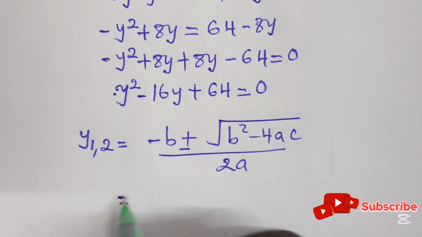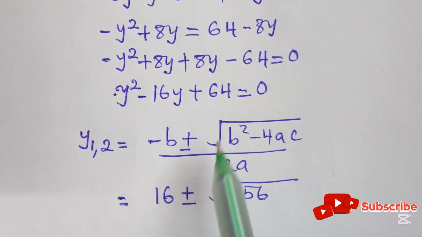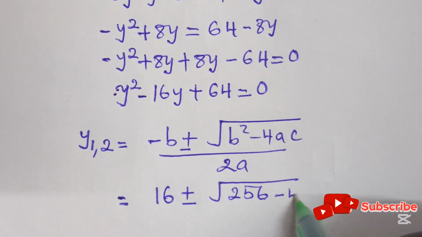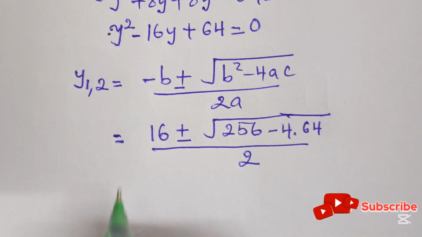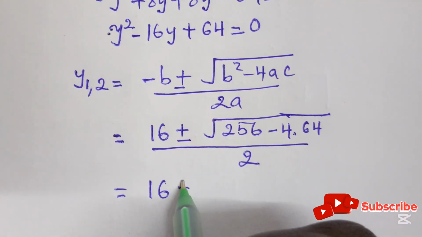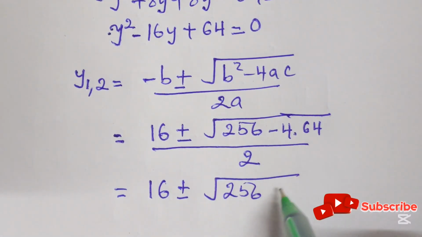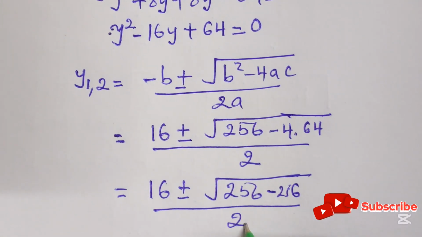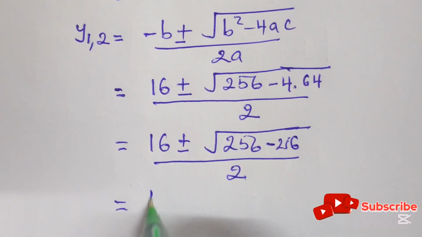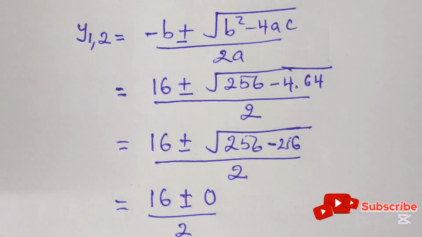This is equal to 16 plus or minus the square root of 256, which is 16 squared, minus 4 times 64, over 2. So this is equal to 16 plus or minus the square root of 0, over 2.